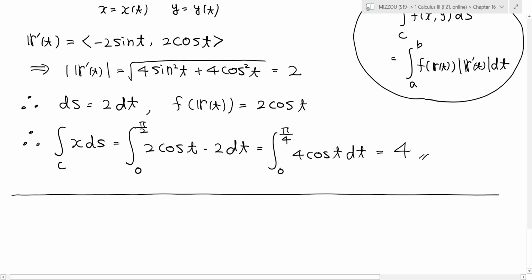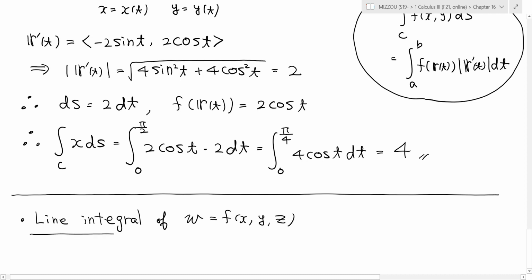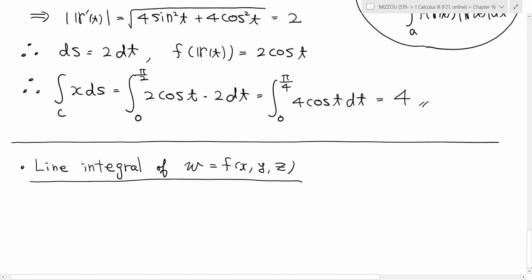Okay. Then as a last thing for this video, let me mention the scenario for w is equal to f of x, y, z. So line integral of w is equal to f of x, y, z. We can actually easily generalize what we have done to functions of 3 variables.